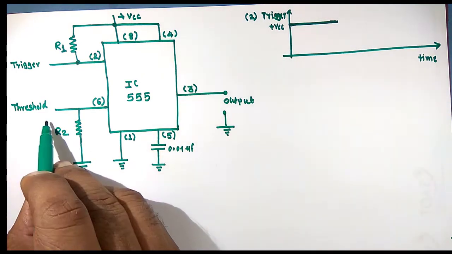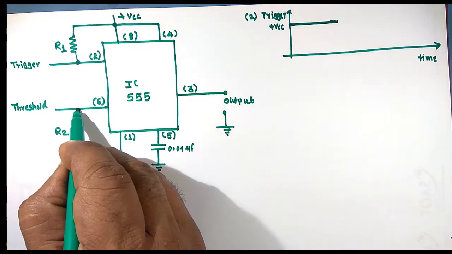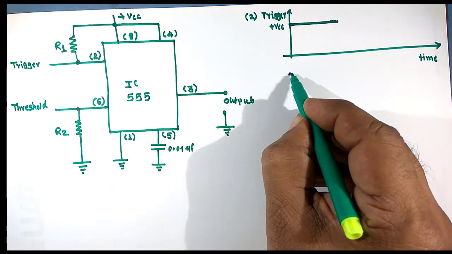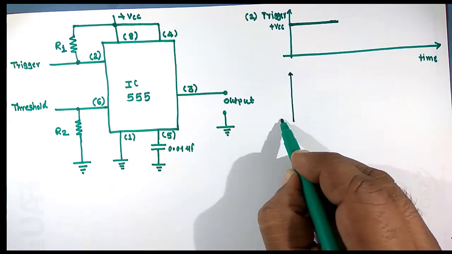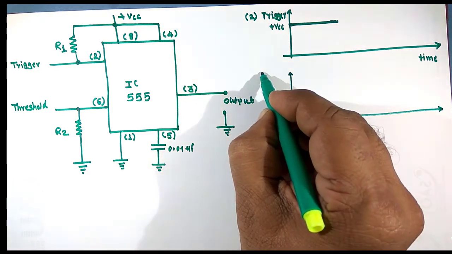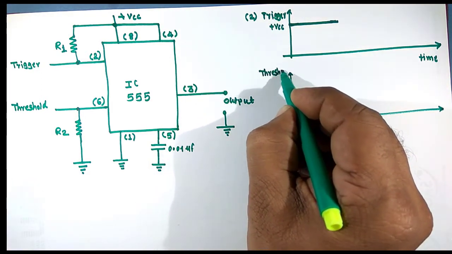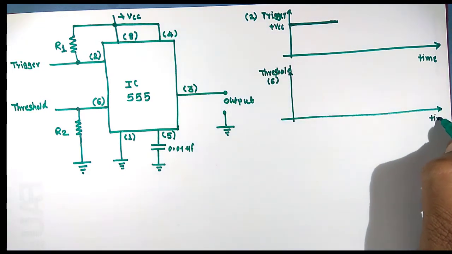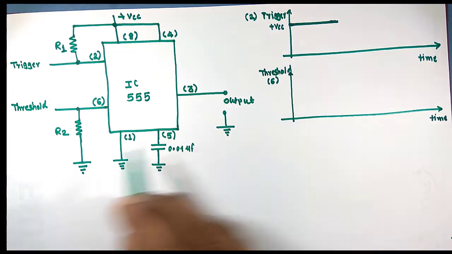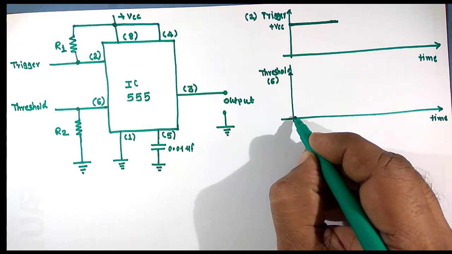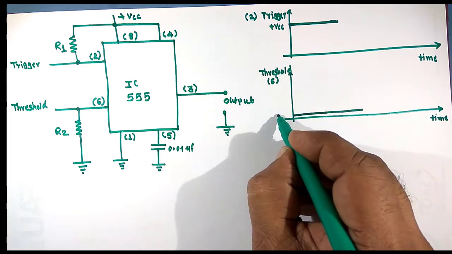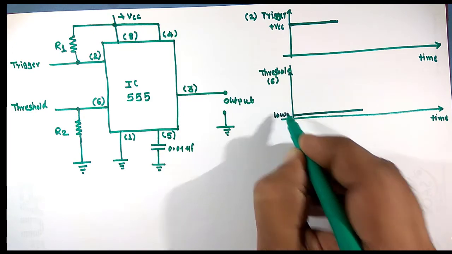Similarly, pin number 6 is connected to ground through resistor R2. So when no threshold input is present, if we plot a graph of voltage present at threshold input, that is pin number 6 of IC555, then in normal situation when no threshold input signal is present, the voltage at pin number 6 is almost equal to 0, or we can say it is very low.